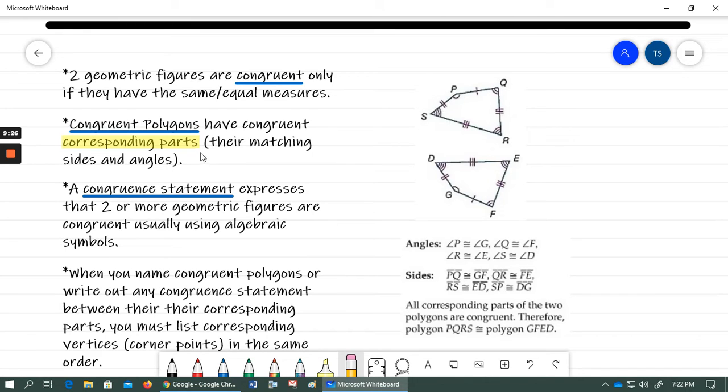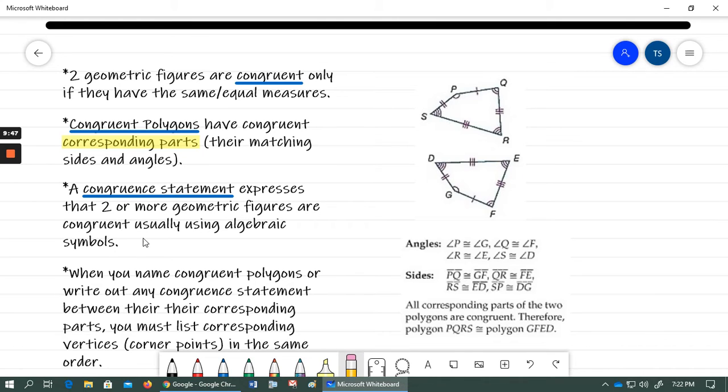All right, and then a congruent statement is a statement that expresses that two or more geometric figures are congruent.